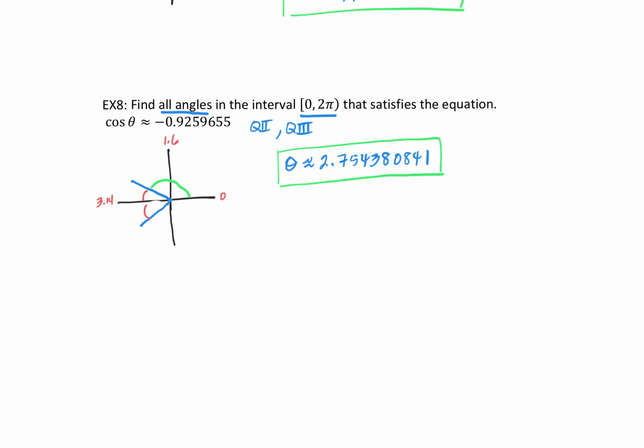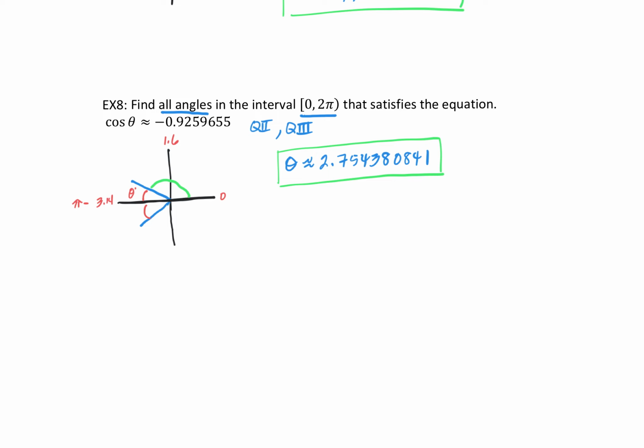So I could take pi, that total distance, and if I just knew this angle here, I'll call it a reference angle, then pi minus that reference angle would give me my first angle.